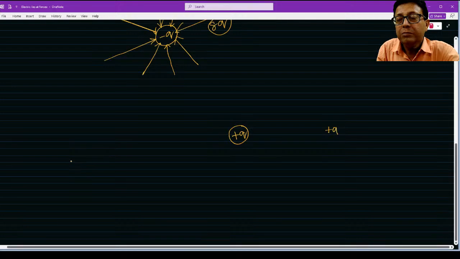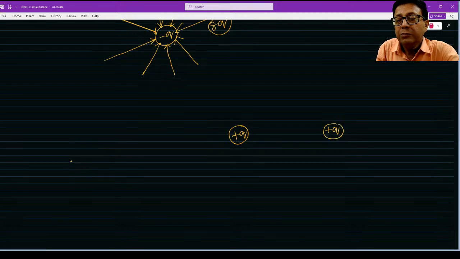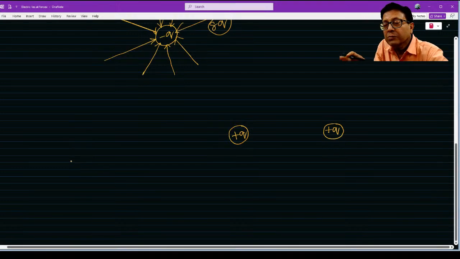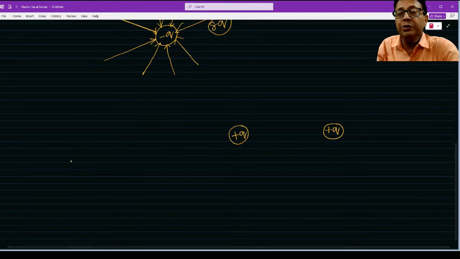If we draw it for two positive charges, we initially assume that those charges are equal in magnitude. Why equal in magnitude?